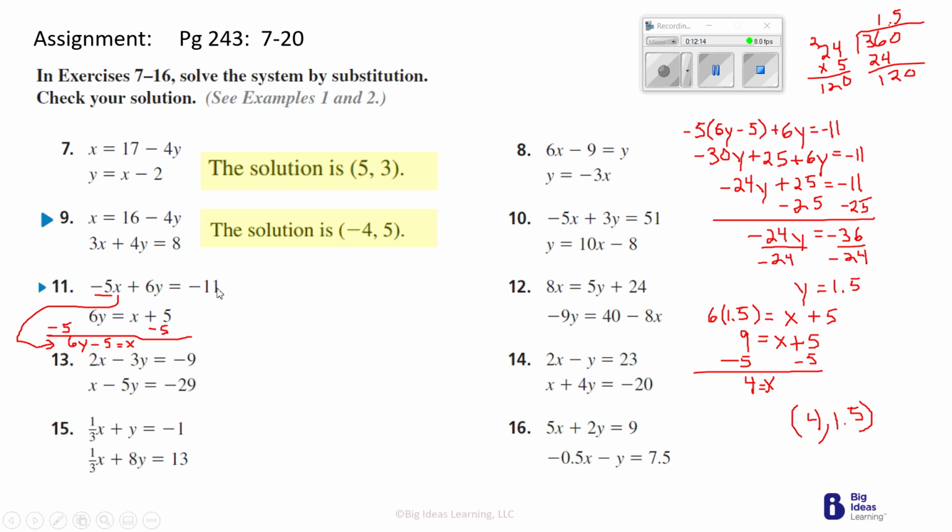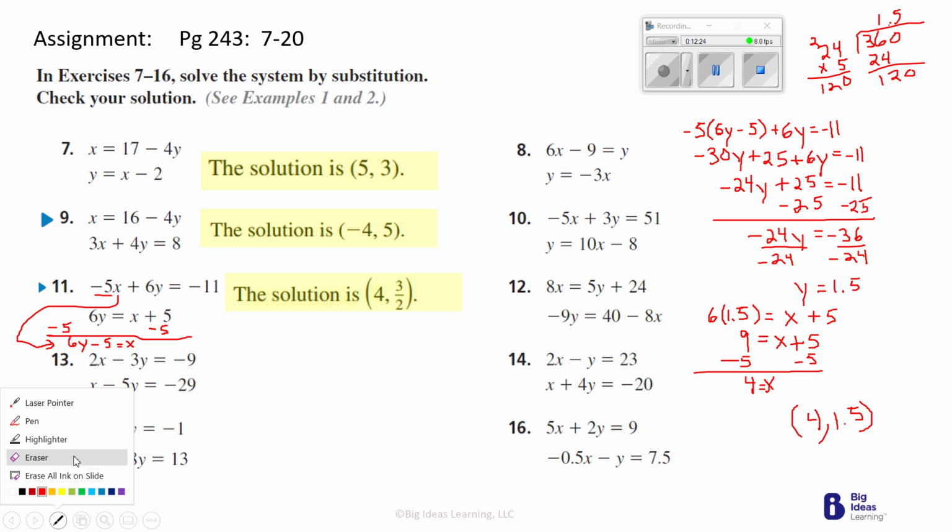Let's see how we did. 4 and then 3 over 2. And 3 over 2 is a fraction. Really, I mean, 1.5, that's what it is. You could easily go ahead and argue that a negative divided by a negative is a positive.